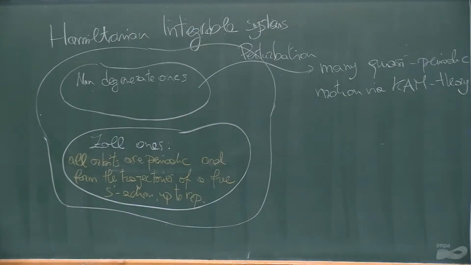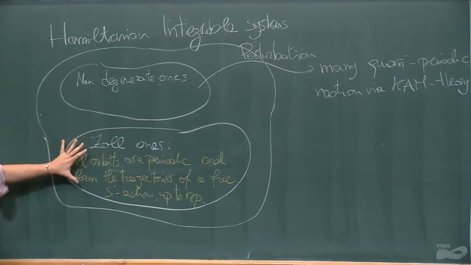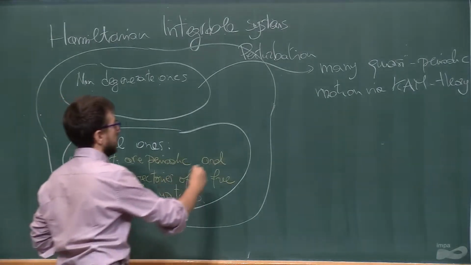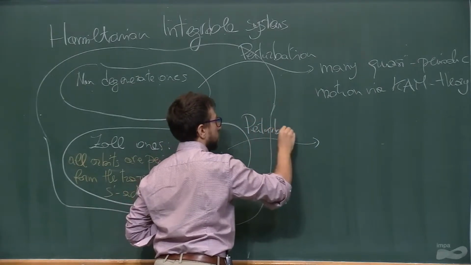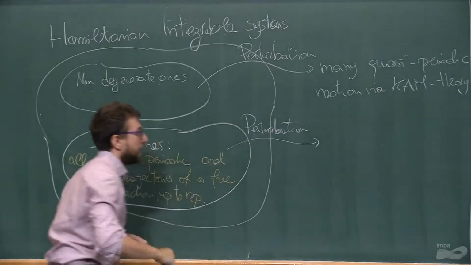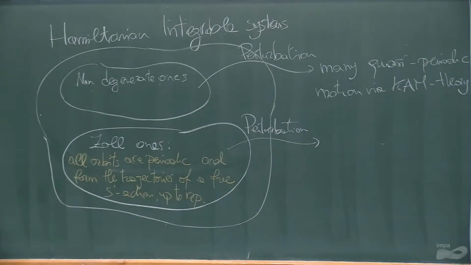So in this case I have lots of periodic orbits; everything is a periodic orbit in the unperturbed case. And now I ask what happens if I perturb this situation. There are a lot of works going in this direction.